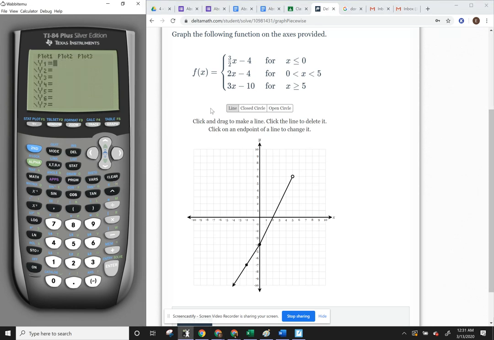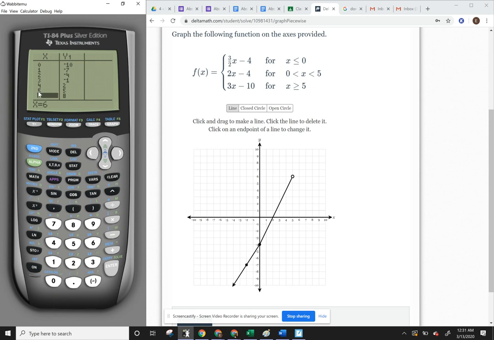And last but not least, I'm going to input 3x minus 10 into y equals and look at the table. This is for when x is greater than or equal to 5. So I need at least one other point that is greater than 5 and the x value.